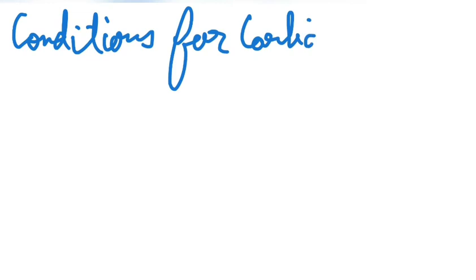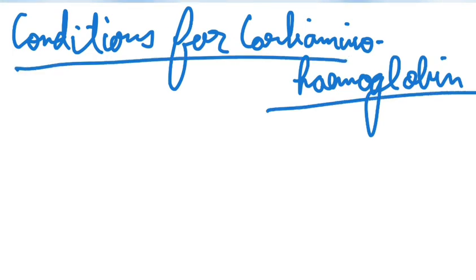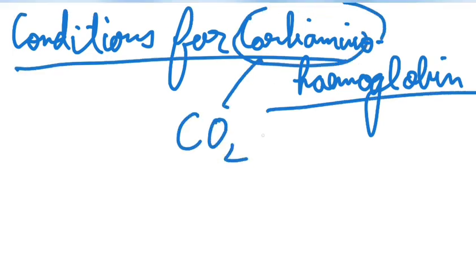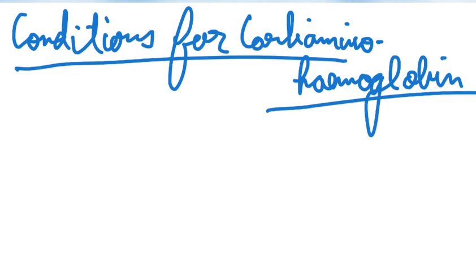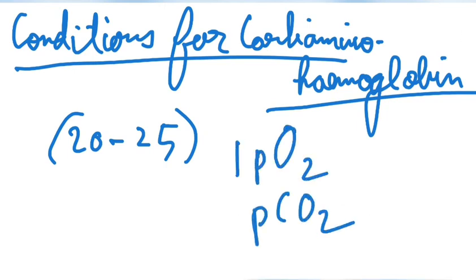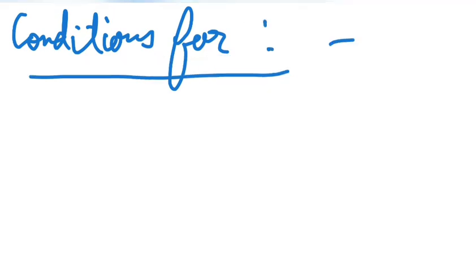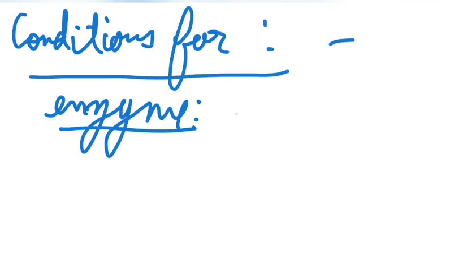CO2 is attached with hemoglobin as carbaminohemoglobin, and around 20 to 25% of CO2 is carried in this form, with the ideal condition being when the partial pressure of oxygen is low and the partial pressure of carbon dioxide is high. But for the formation of carbaminohemoglobin, an enzyme is required which is present in RBCs, named carbonic anhydrase.